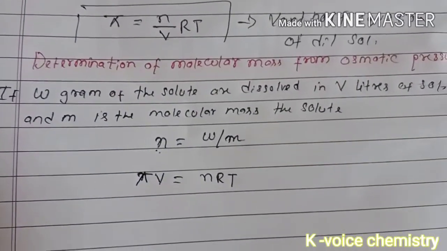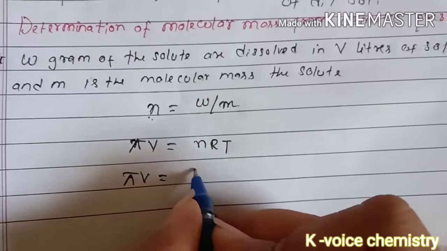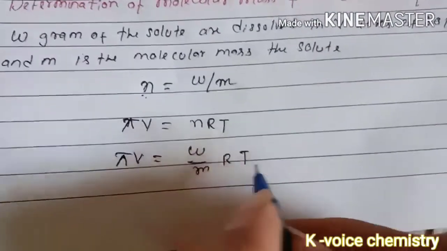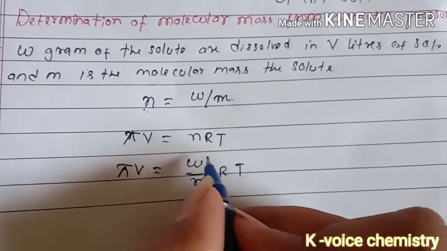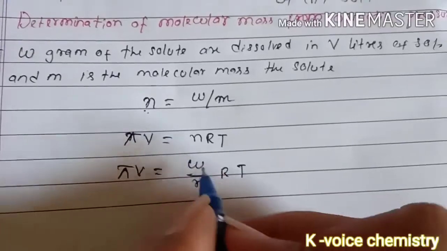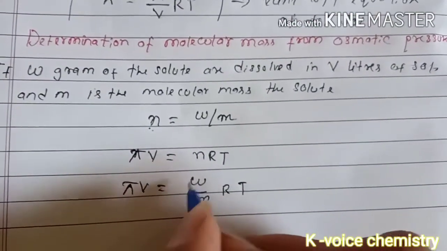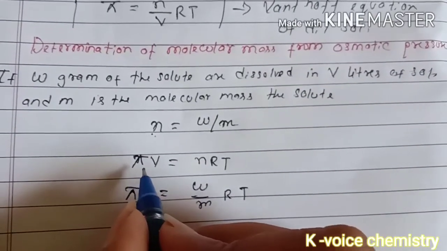Now we will have pi V equals W by M RT. We have substituted the value of n in this equation. I hope it is clear how this equation came.